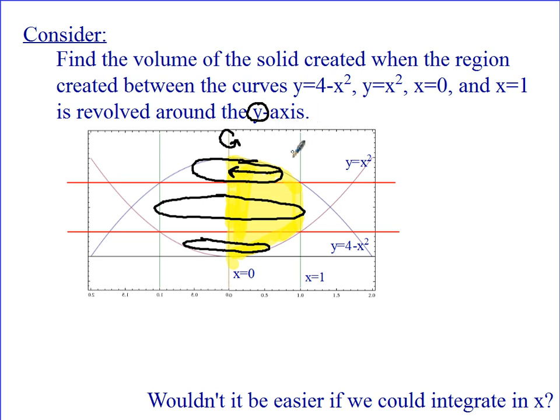So we have to rewrite this in terms of y. I'm going to switch the x over there and the y over here, and I get x equals plus or minus the square root of 4 minus y. So I would have the square root of 4 minus y minus 0, and that would be the radius for this top part.